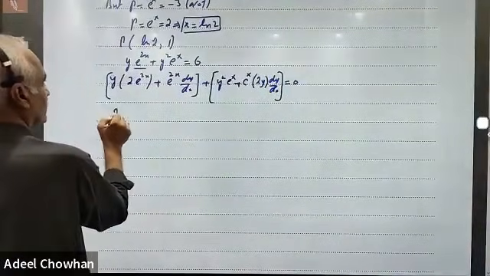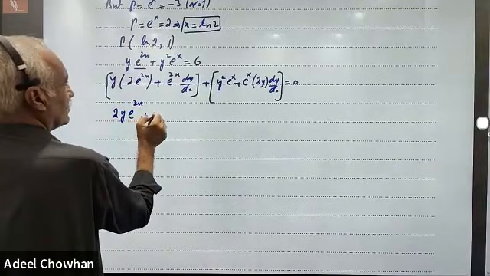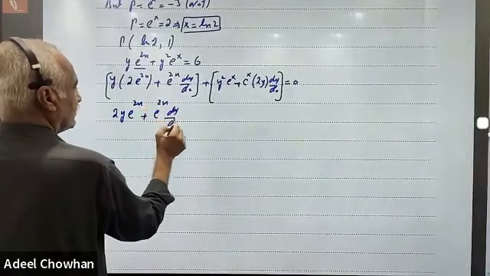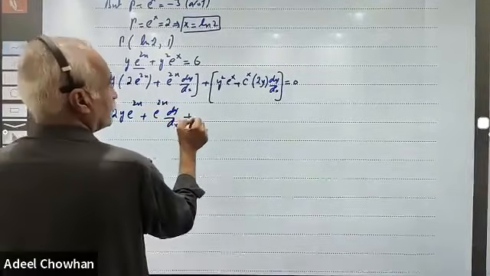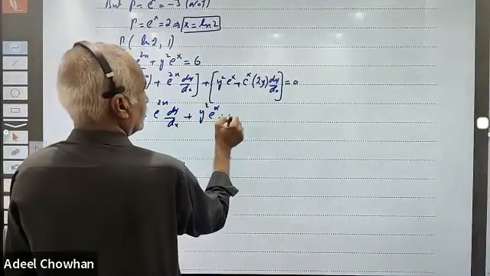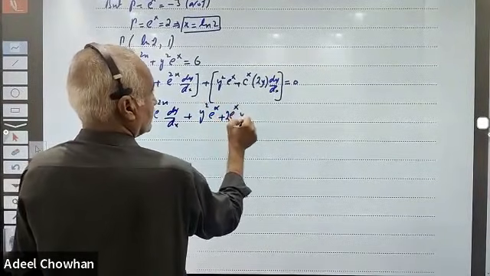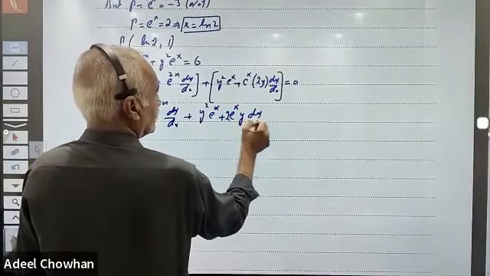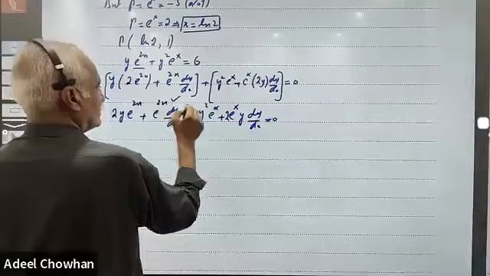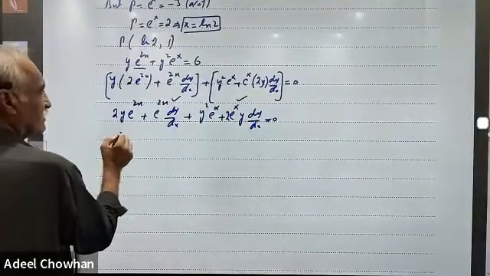So this will become 2y e power 2x plus e power 2x dy by dx plus y square e power x plus 2 e power x y dy by dx equal to 0. Now this is dy by dx, this is dy by dx, so you take them on one side.